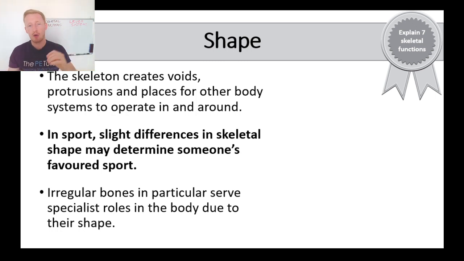So the shape of bones is very important, both for sport selection and general health and well-being, but also for those finer points: muscle attachment, organ attachment, protection of tiny things. In the inner ear, the intricacies of the inner ear that allow sound waves to reverberate inside so that we can hear and keep our balance.